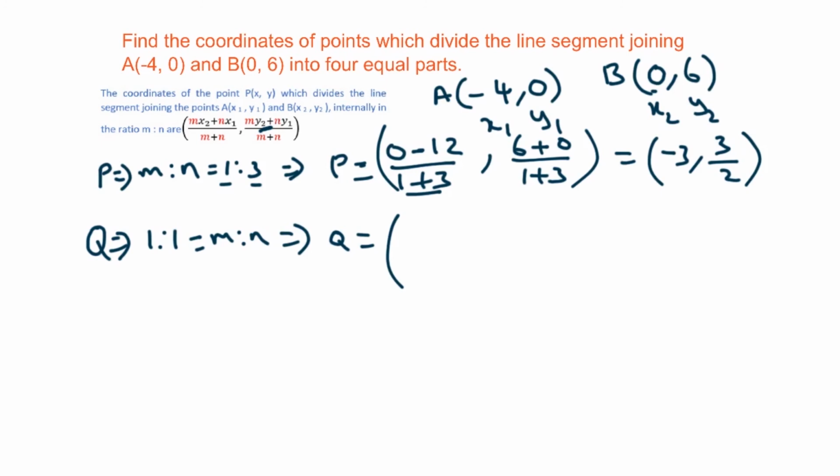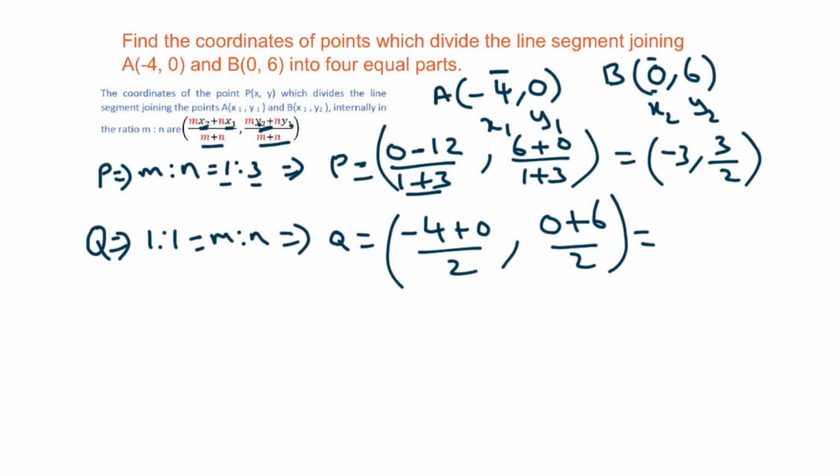Here m and n are 1, so it will become (x1 plus x2) by 2, (y1 plus y2) by 2, which is the midpoint formula. So -4 plus 0 is -4, and 0 plus 6 is 6. Now -4 by 2 is -2, 6 by 2 is 3. So this is point Q.